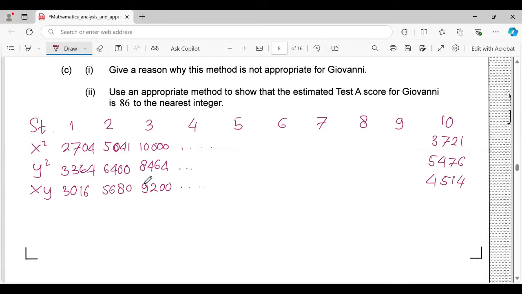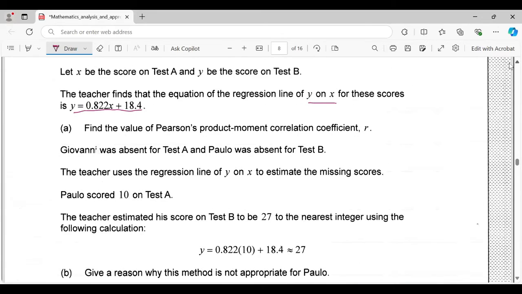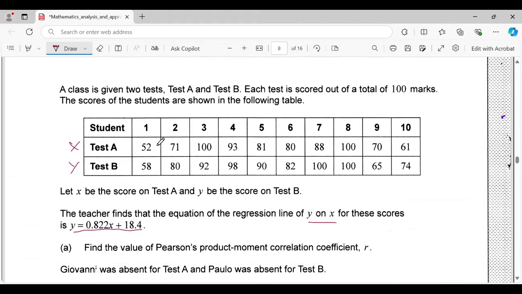So the next step, you can determine sigma or amount of x. Sigma x is 796. Sigma y is 839. So sigma x is 52 plus 71 plus 100, so on until plus 61.